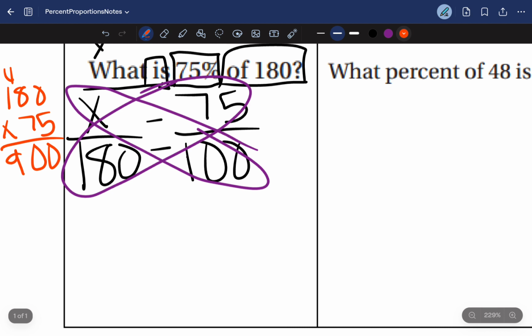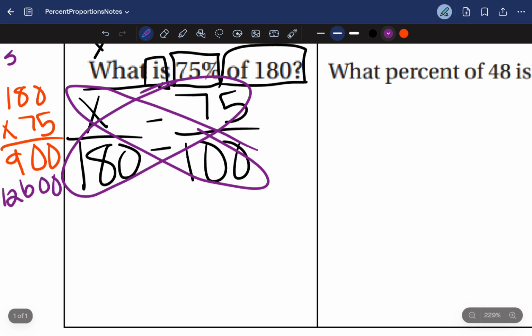So the first row is 900. I'm going to scoot over a digit, which means I need to add a 0. Then I start multiplying. 7 times 0 is 0. 7 times 8 is 56, so I have 6, carry the 5. 7 times 1 is 7, plus 5 makes 12.